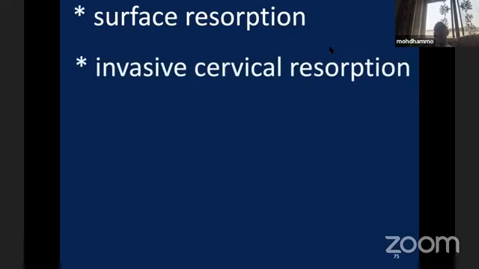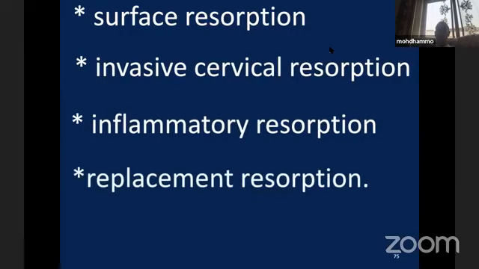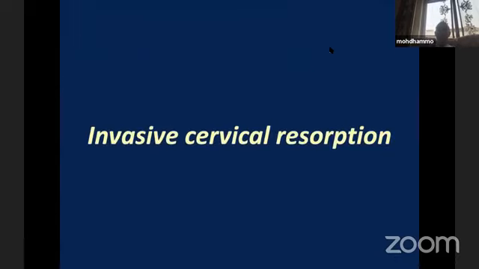Regarding external resorption, we have several types, like surface resorption, invasive cervical resorption, inflammatory resorption, replacement resorption, and ankylosis. So let's see the first type of external resorption, which is invasive cervical resorption.